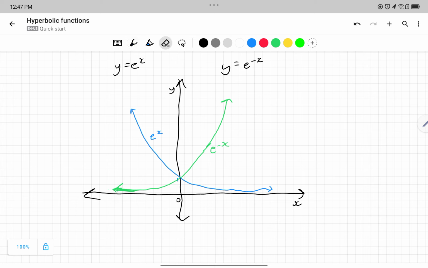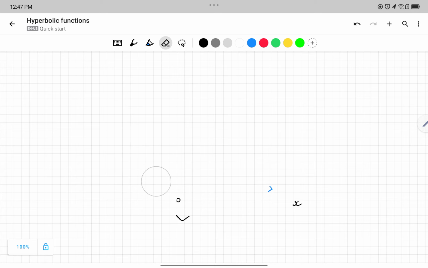So let's get into it. Let's do some work. This is not really work. So for starters, we need to know that there are the following hyperbolic functions. There's hyperbolic cosine, right?